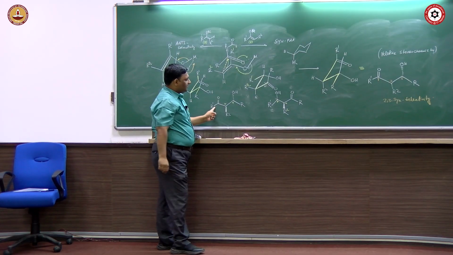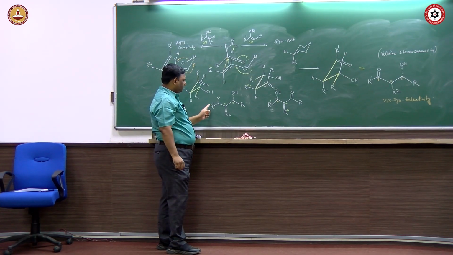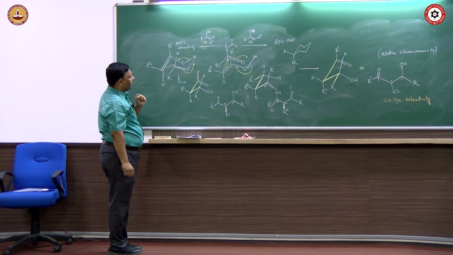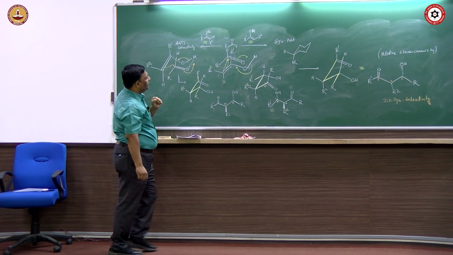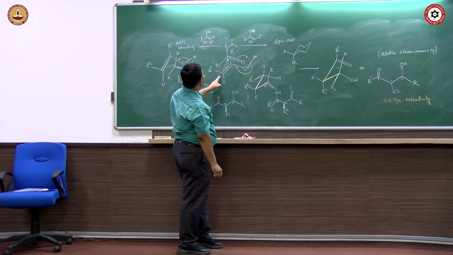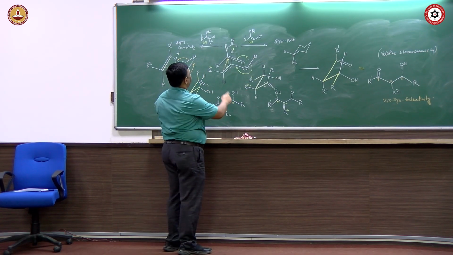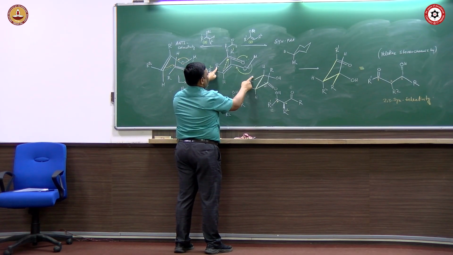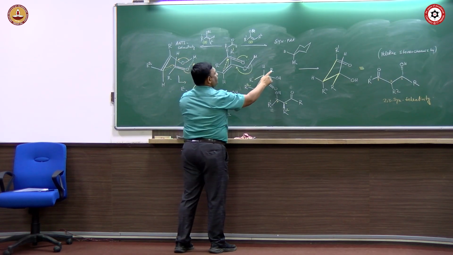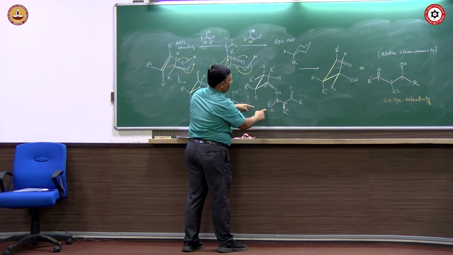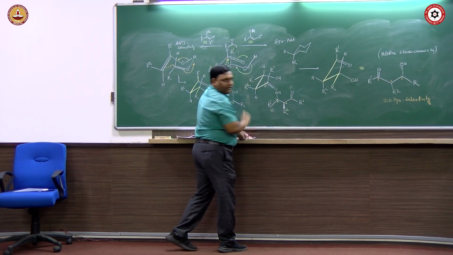Now, this one, R1 is starting... I think we got it wrong. No. You see, this R is not a numbering. This is R2, this is R1. This is R, R2, R1. Now it is correct.